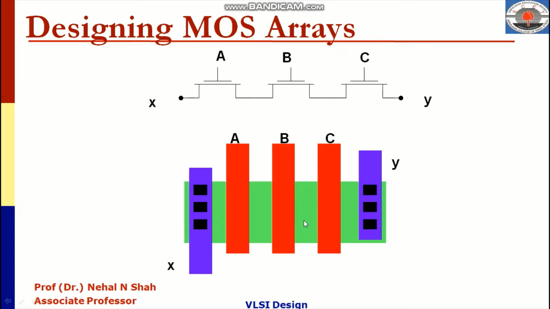You can observe we can take three transistors A, B and C, and only to the first transistor we can have active contact, as well as with the C transistor we can have the active contact. In between, source and drain of A with B and B with C can be shared.